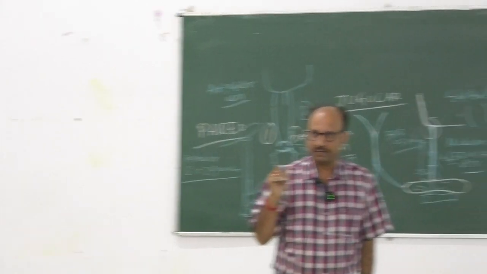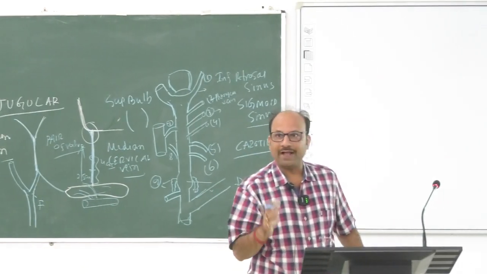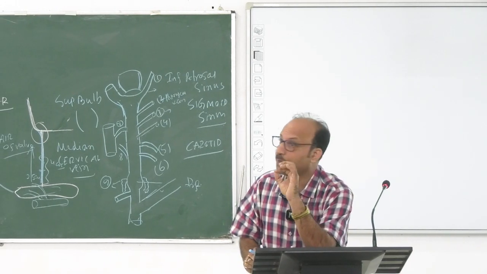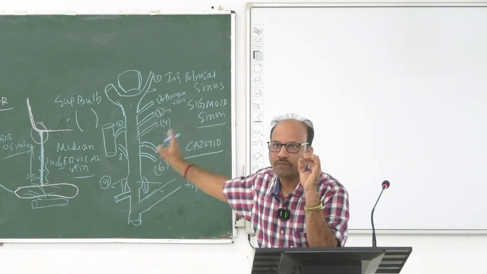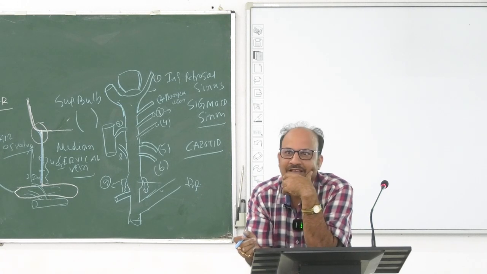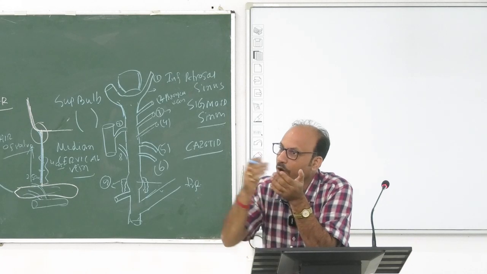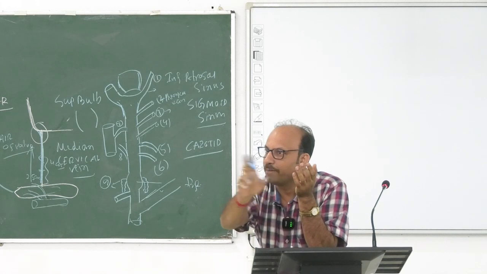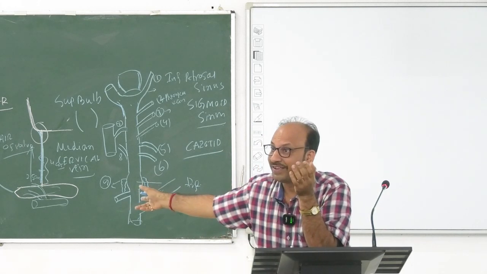Supraorbital and supratrochlear veins form the angular vein. Shown angular vein, this angular vein continues as the facial vein. Very good, the anterior division of the retromandibular vein.